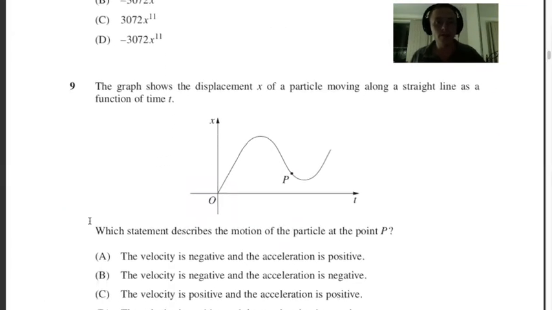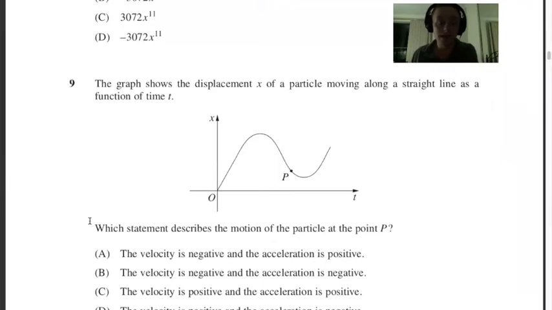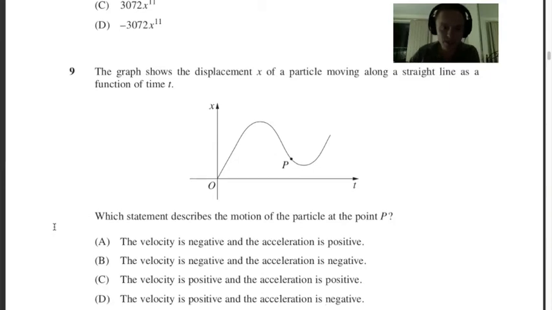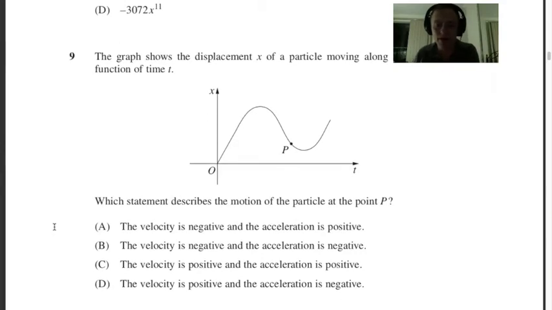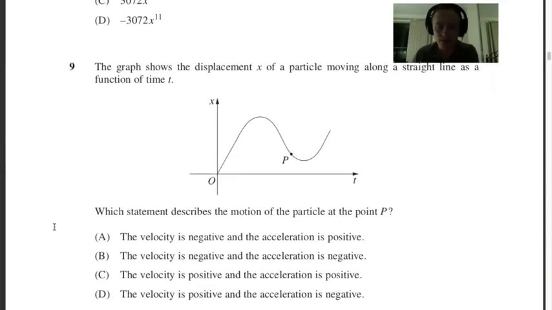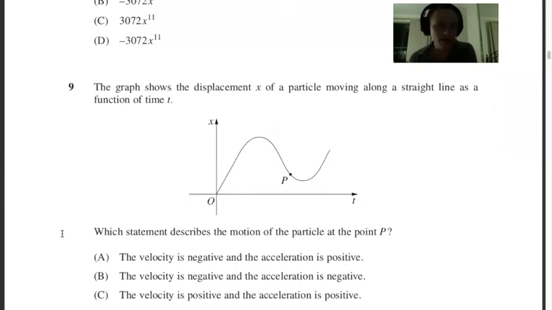Let's have a look. The graph shows the displacement x of a particle moving along a straight line as a function of time t. Which statement describes the motion of the particle at point P? I'm going to read that again. The graph shows the displacement x of a particle moving along a straight line as a function of t.